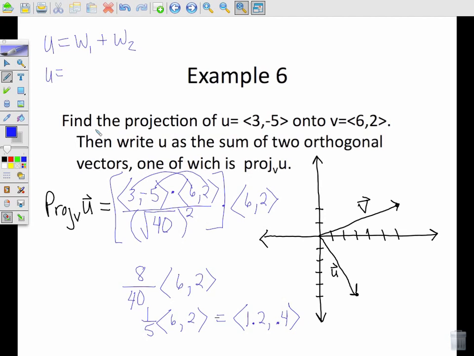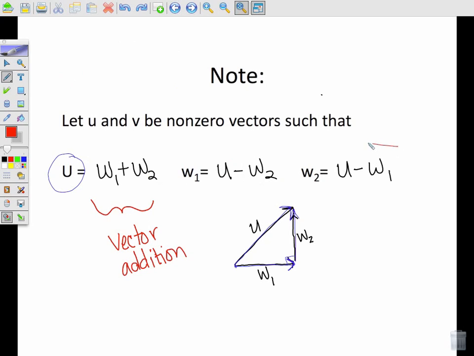All right, there's W1. Now we're asked to write the answer as the sum of W1, so W1 is 1.2, 0.4, plus W2. So we need to find W2. Here's a reminder of how we will find W2. W2 is equal to vector U minus vector W1, which is the projection vector.